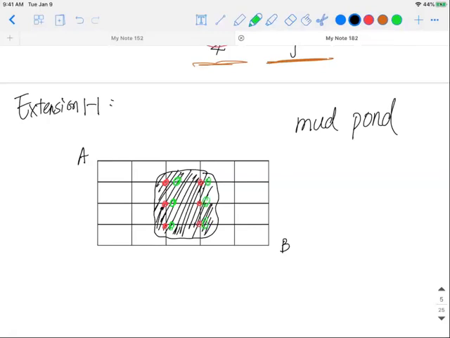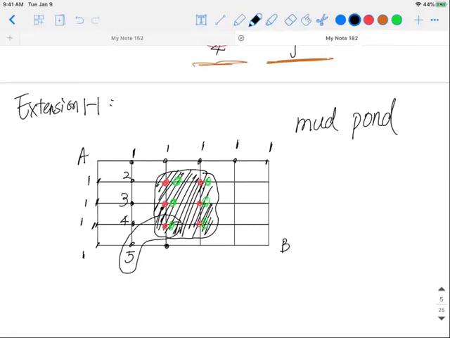However, outside the mud pond, nothing has been changed. You still have one way to come here, one way, one way, one way, one. This is going to be 2, 3, 4, 5. Nothing has been changed. But for now here, previously I need to add those 2 points together.